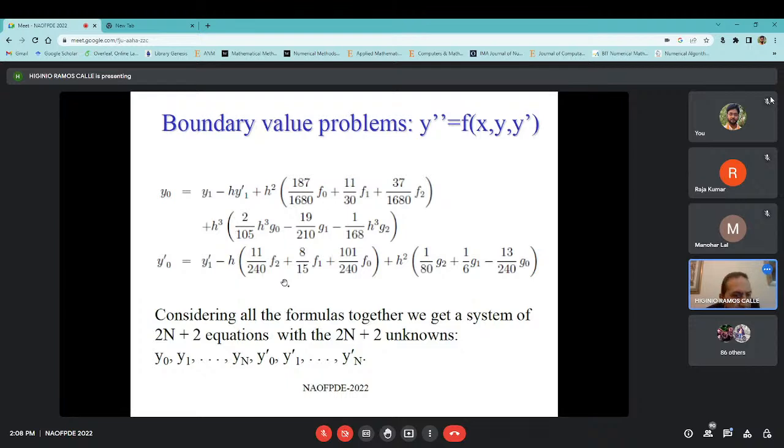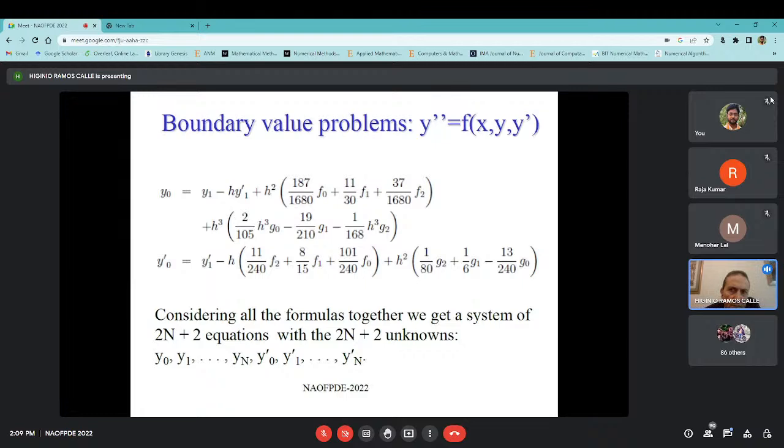This is to complete a system of 2n plus 2 equations, because now we have a big system of algebraic equations, and solving this system, we obtain at the same time all the unknowns, which are all those values you can see here. So all the approximate values of the solution and all the approximate values of the first derivative.